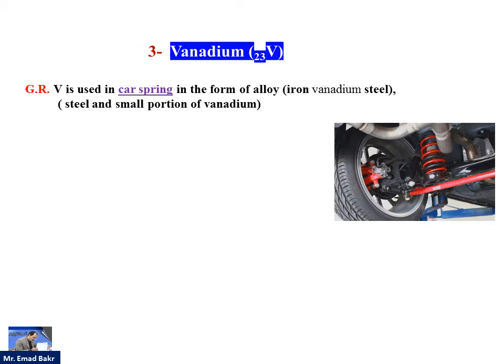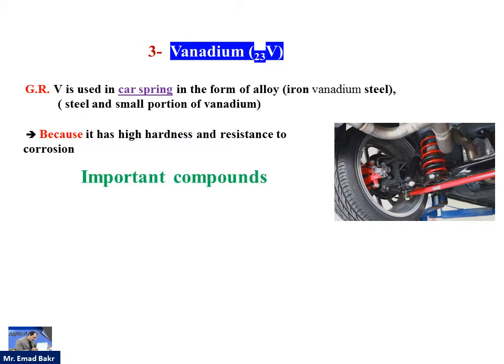The steel and a small percentage of vanadium form a very hard alloy. This alloy has high hardness and resistance to corrosion, so it is used for making car springs.